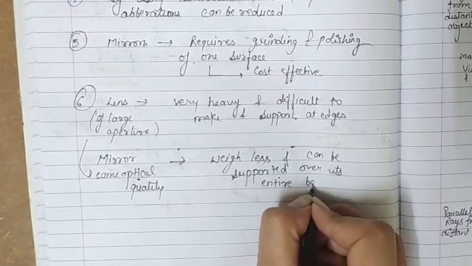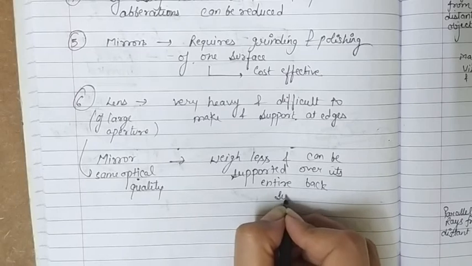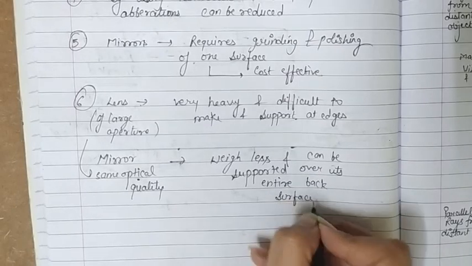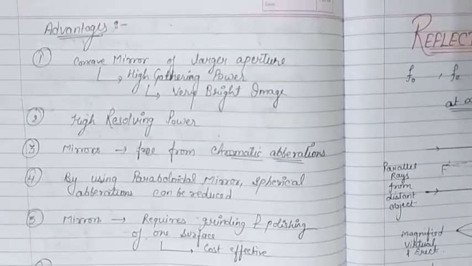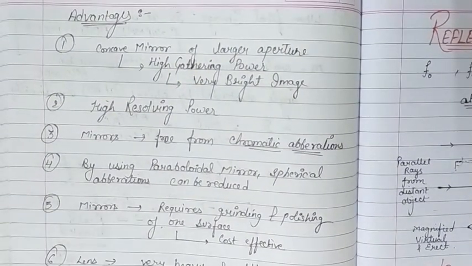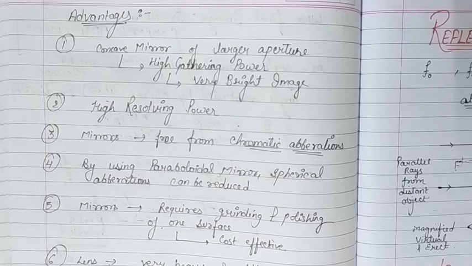So that's why it is easy to deal with a mirror instead of a lens. So these are the main advantages why we are moving to the reflecting type telescope instead of the refracting type telescope.